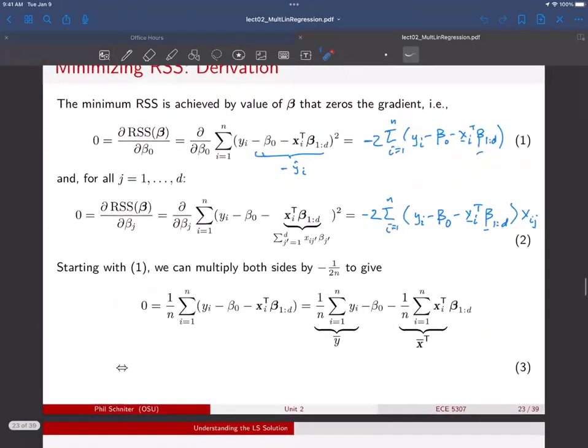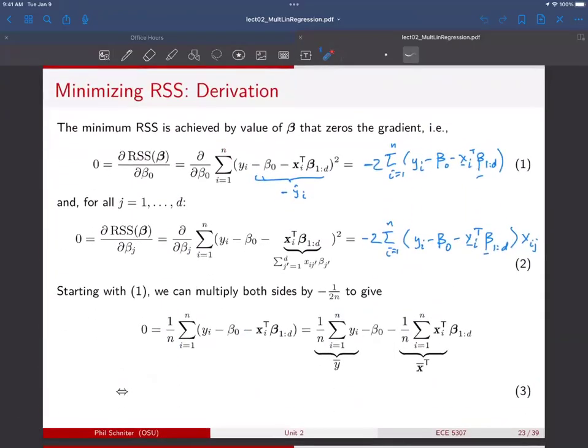Okay, so finally getting now to the derivation of minimizing RSS. We take our RSS expression, which is this, and we take the partial derivative with respect to the intercept coefficient, and we try to figure out what value of that coefficient sets it to 0. So here we looked at taking this derivative.